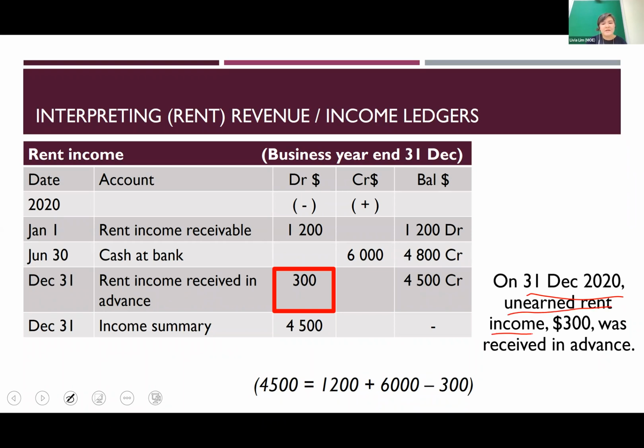Unearned rent income is basically trying to describe this income received in advance. When you receive an income in advance, you have taken the money but not done the work. So you say on 31st of December, unearned rent income, and that will tell anybody listening to it that this is an income received in advance. How much was it? It was $300. And it was received in advance.